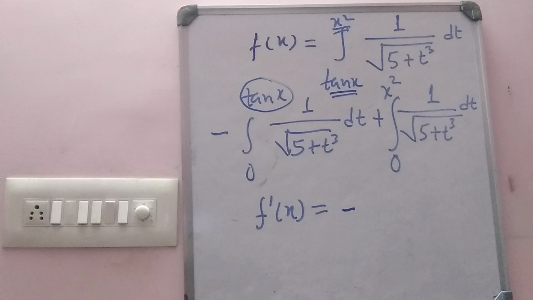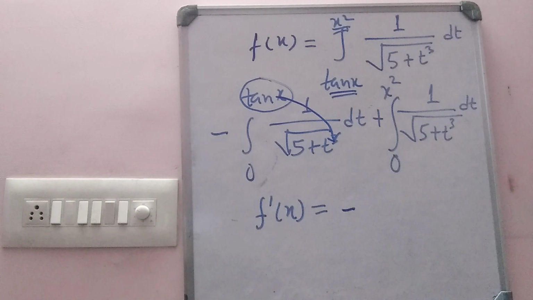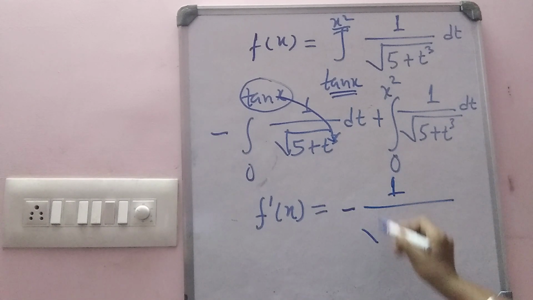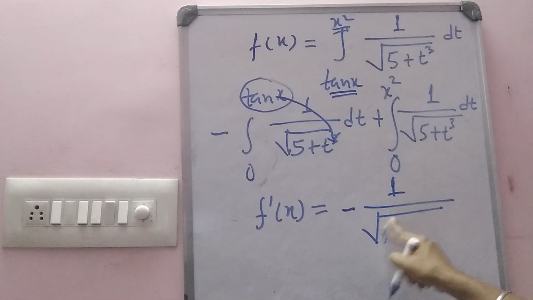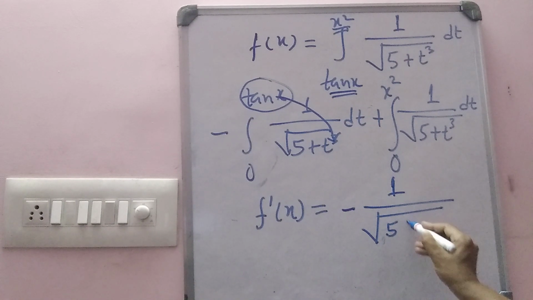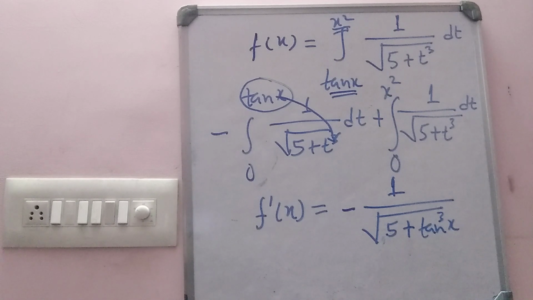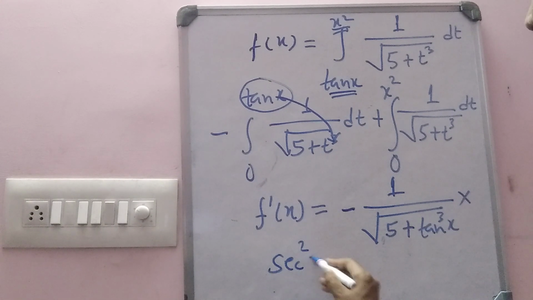Now, what is your upper limit? 10x. So 10x now change with this in place of t. It becomes minus 1 upon square root of 5 plus tan cube x, into derivative of 10x, which is always secant square x.